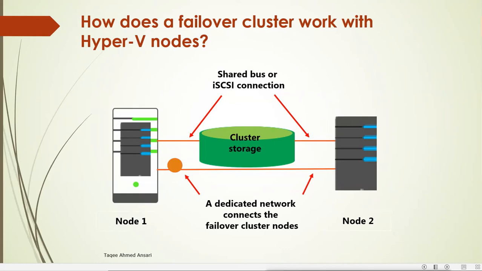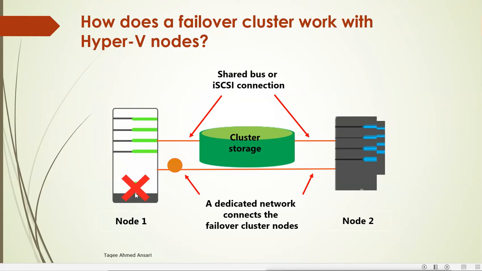Now what happens in these two nodes if one node goes down? The virtual machine will move automatically to the other node, and when the failed node comes back, it can do the failback. So when the failover happens, node 1 goes down, and our virtual machine moves to another server, another node.